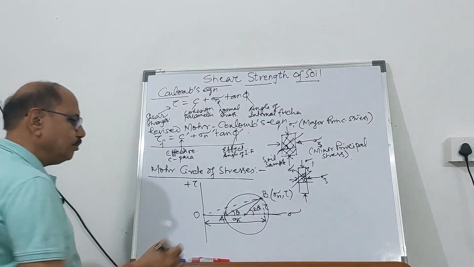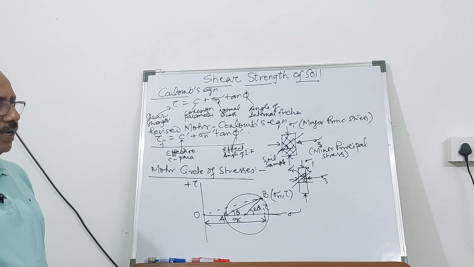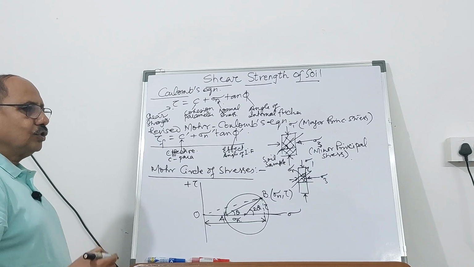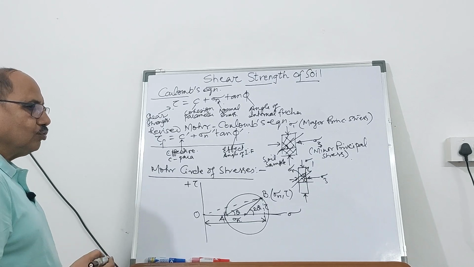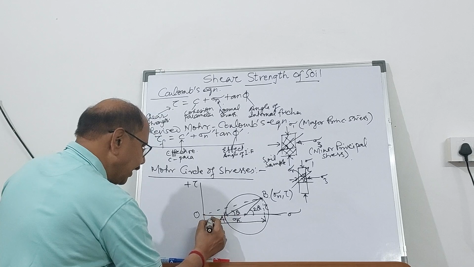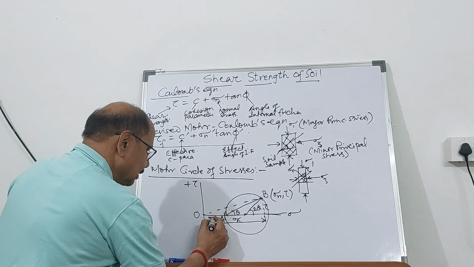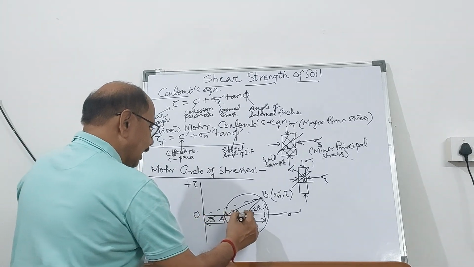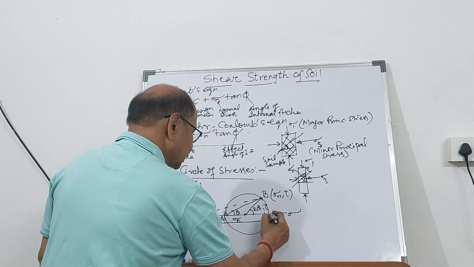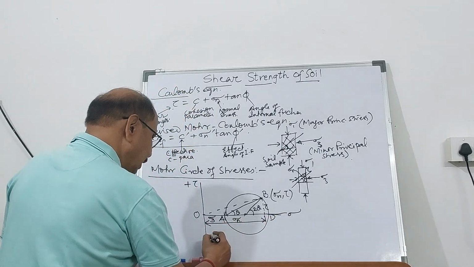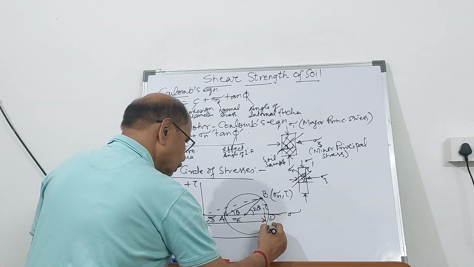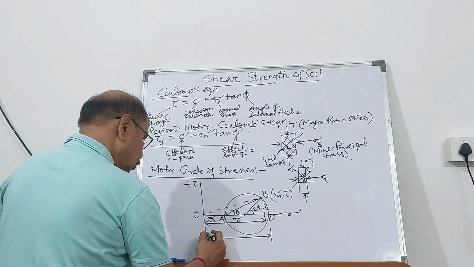So the coordinate of B is going to be sigma n and tau. You know how to find it out. This OA is going to be sigma 3, and if I call this point D, OD will be sigma 1.